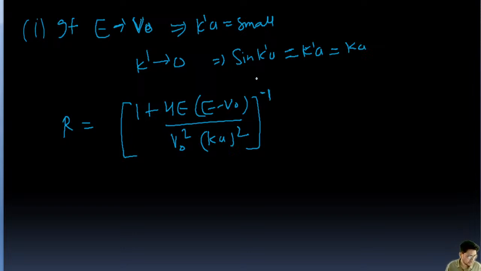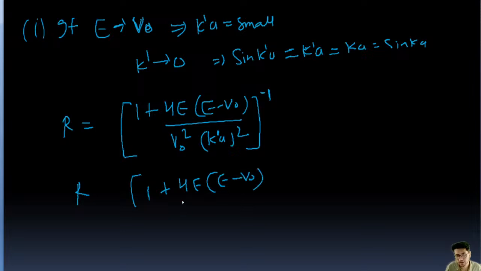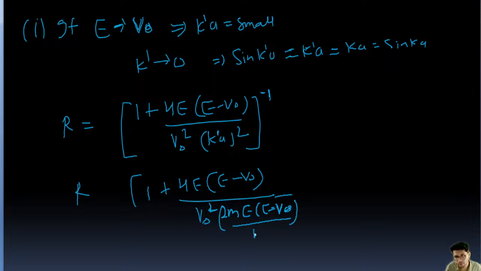So now we will put the value of K', and the value of K' we know, right? 1 plus 4E(E − V0) upon V0², and K' is the root of 2m(E − V0) upon h cut square into a, whole inverse, a square.